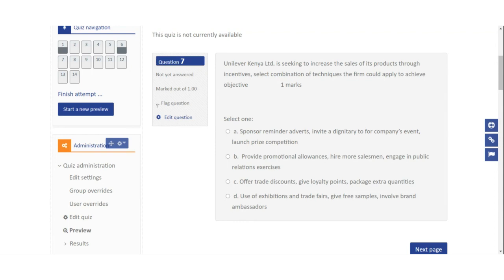We're asking: Unilever Kenya is seeking to increase sales of its product through incentives. Select the combination of techniques the firm could apply to achieve the objective. Use of sales incentives.